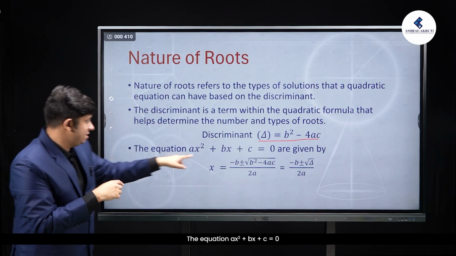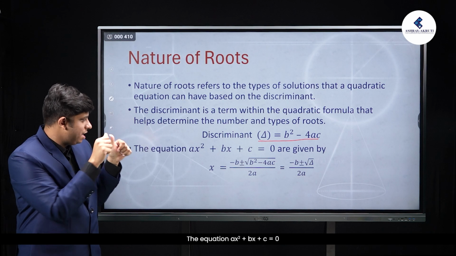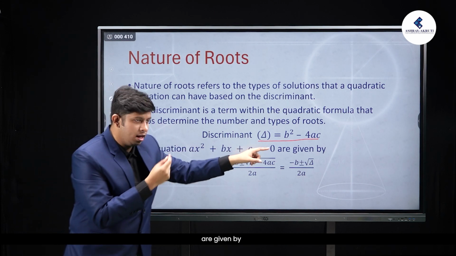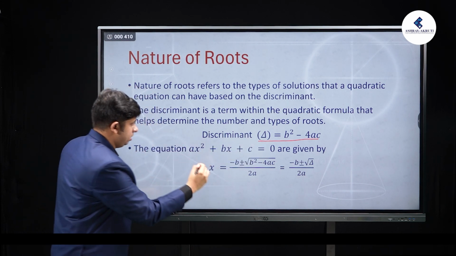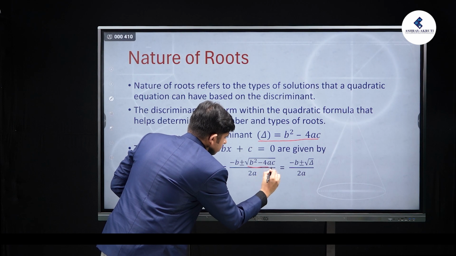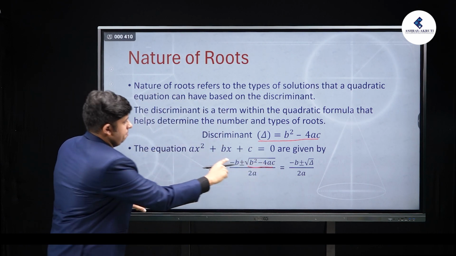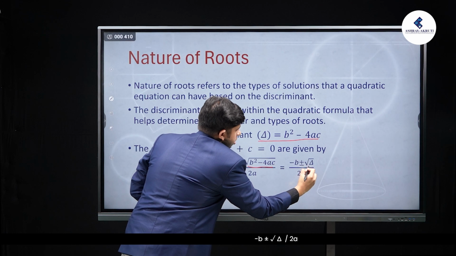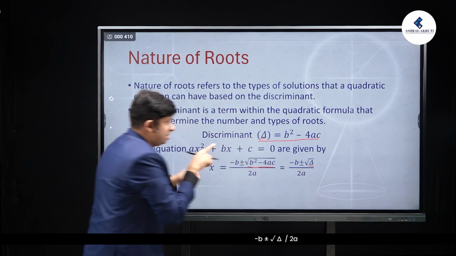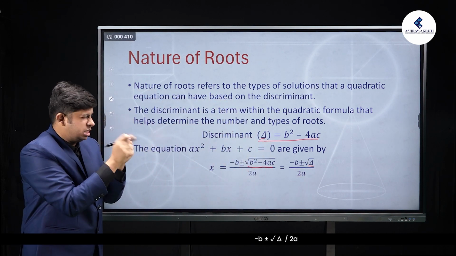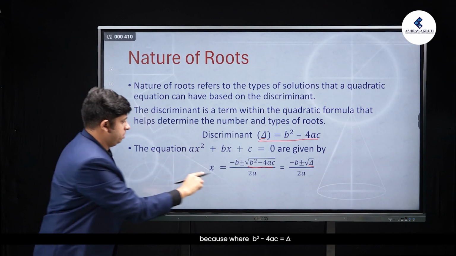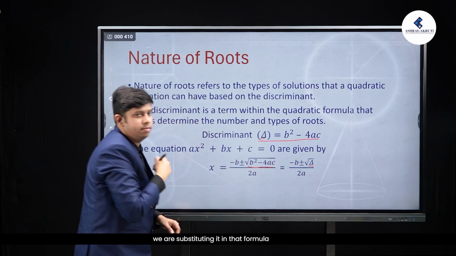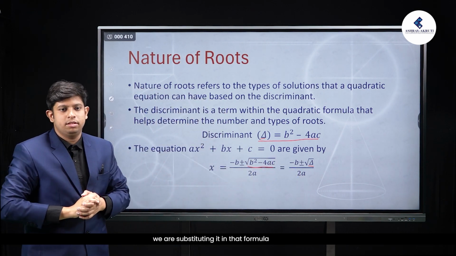The roots of the equation ax square plus bx plus c equal to 0 are given by x equal to minus b plus or minus under root delta by 2a. Because b square minus 4ac is equal to delta, we are substituting it in that formula.